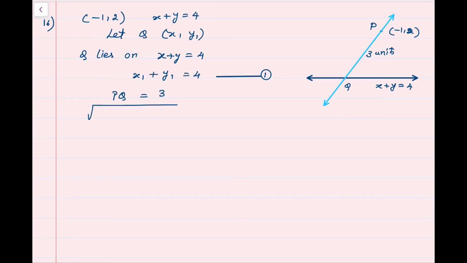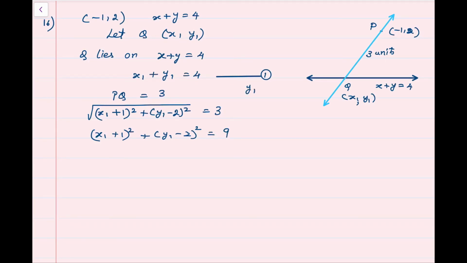Therefore, using the distance formula, root of (x1 minus of minus 1) the whole square plus (y1 - 2) the whole square is 3. Squaring both sides, we will substitute for y1 from the first equation. y1 from the first equation is 4 - x1.